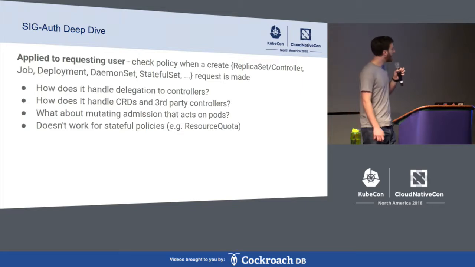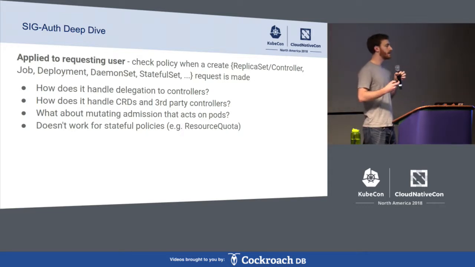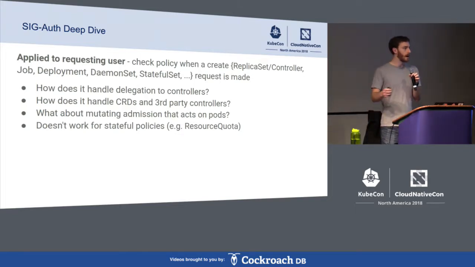And then the last approach is sort of the one that seems the most natural at first. It's, does the user have permission to create this object? And so check the policy on the creation of the replica set or the job or deployment by looking at the pod template.